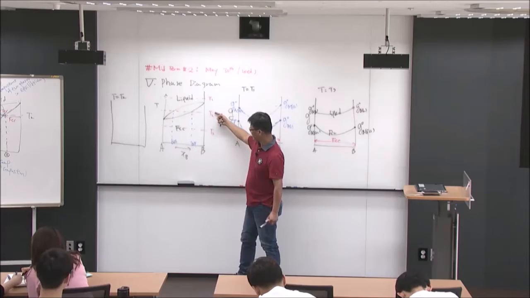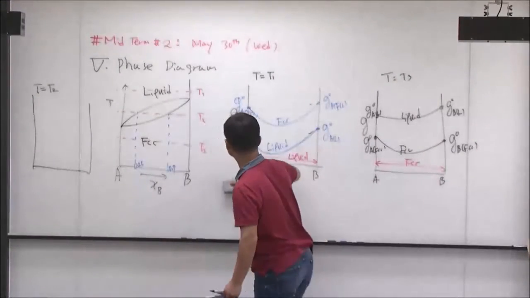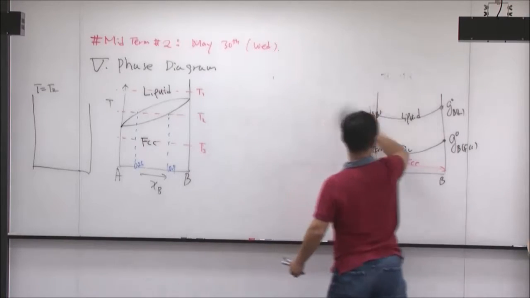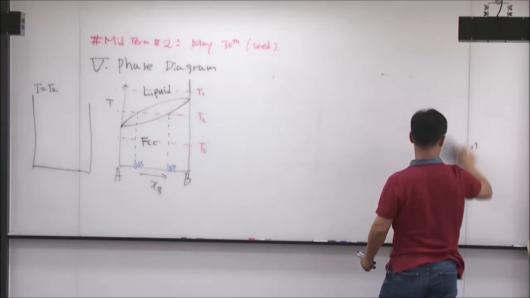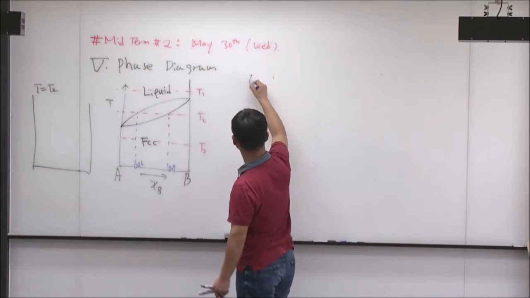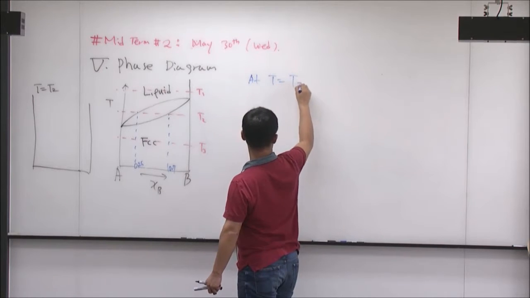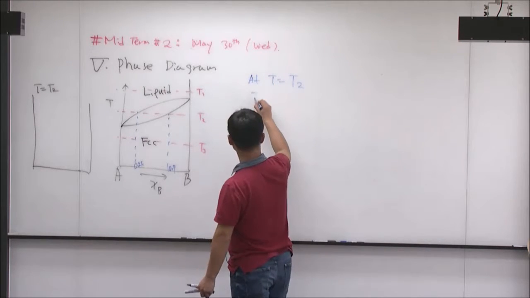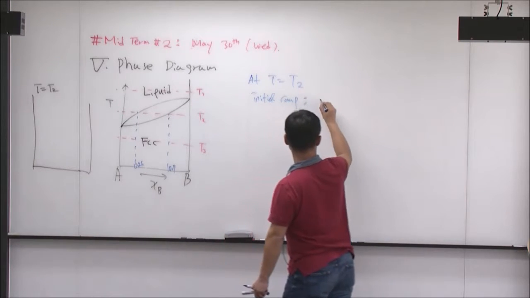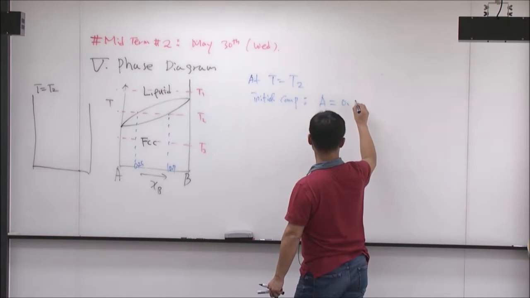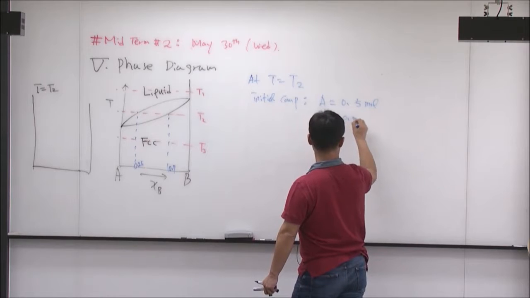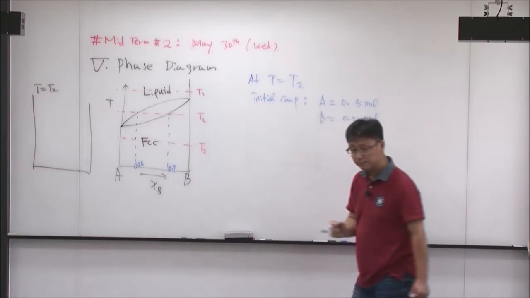At the T2 temperature, I have T2 temperature, and my original, initial composition is A 0.5 moles, B 0.5 moles.